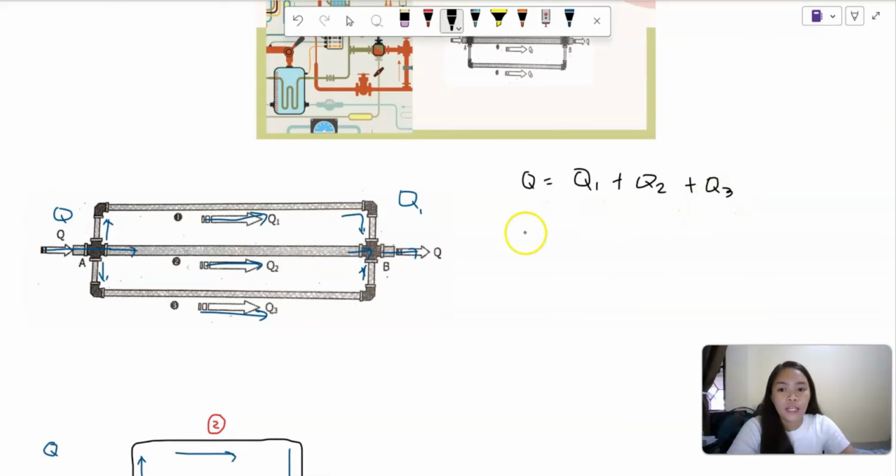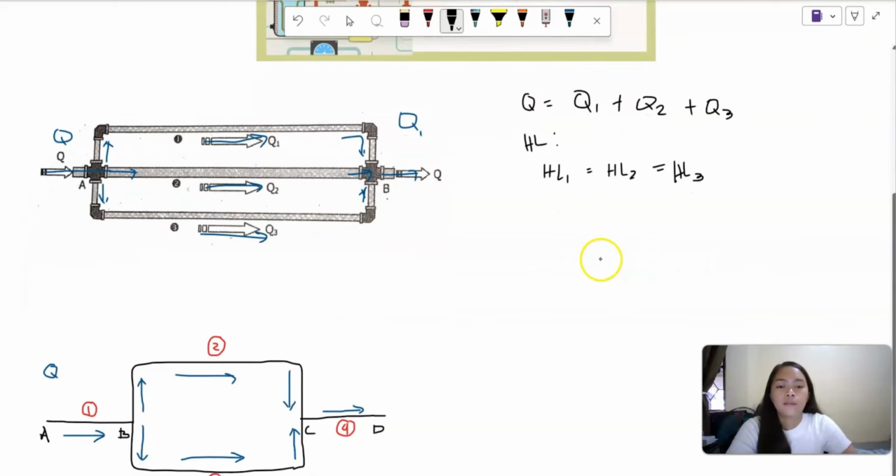In terms of head loss, HL in pipe 1 is the same as the HL in pipe 2 and the HL in pipe 3. So this is the general rule of parallel.